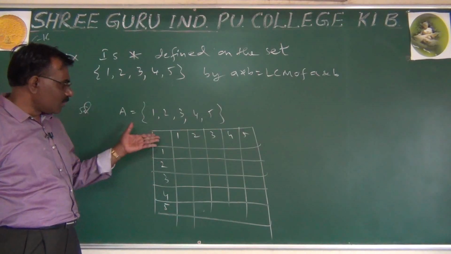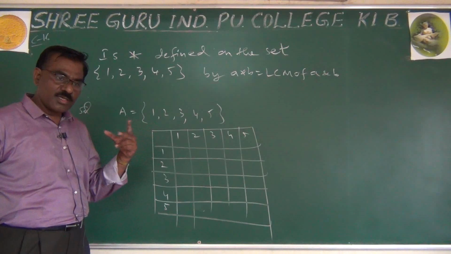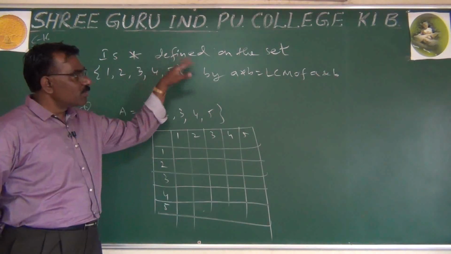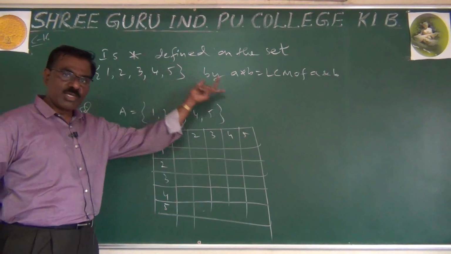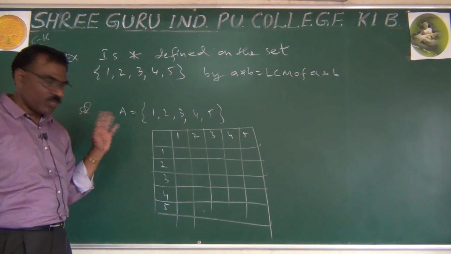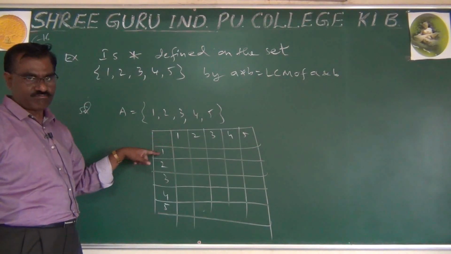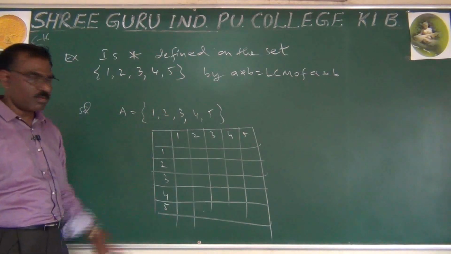Students ask me, sir, what about this side? The operation may be addition or subtraction; if addition is asked, we put plus, and for multiplication, multiplication. Here it is the LCM of these two: A star B is the LCM of A and B.